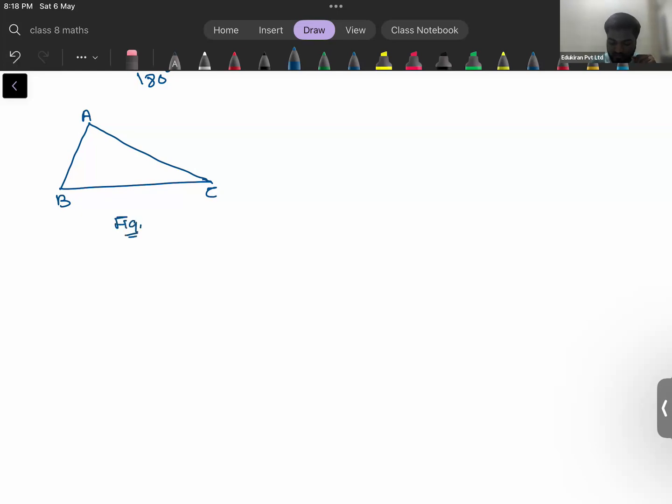This is my figure. I found the midpoint of side BC and named it D. And I joined this midpoint with the opposite vertex, that is A. So this straight line, what do you call that?